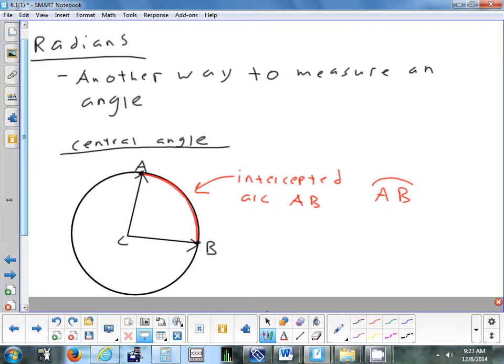And this arc between A and B, that's called an intercepted arc. And the way we can denote it is you write AB and you put a curved segment above it. That means arc AB.